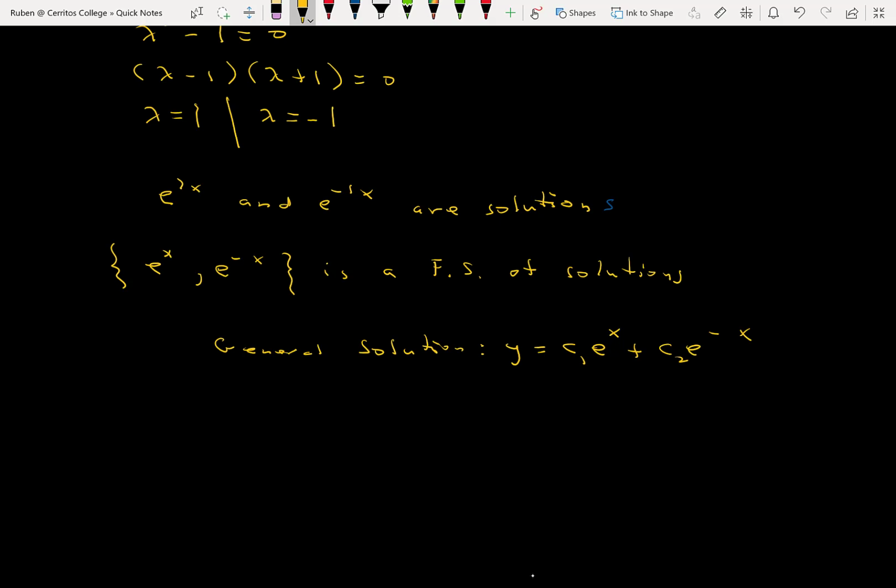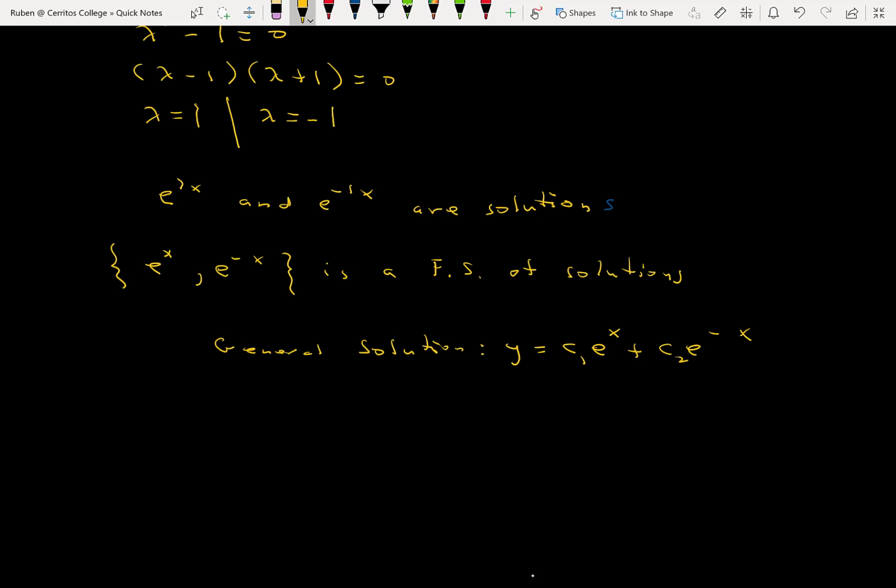We'd like to be able to go directly to the general solution rather than having to identify the fundamental set as being a set of linearly independent vectors. And then what we'll do to finish off the lecture, which will take us a little bit of time, is to look at different cases depending on what specific types of solutions we get from the auxiliary equation.